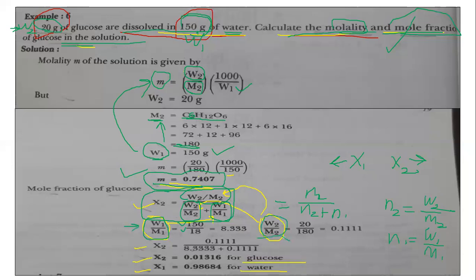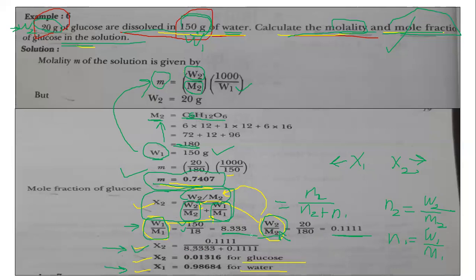This is glucose. So this is the value for n1 and this is the value for n2. Put the values and you will get the mole fraction for the solvent. This is the water mole fraction and this is the glucose mole fraction.